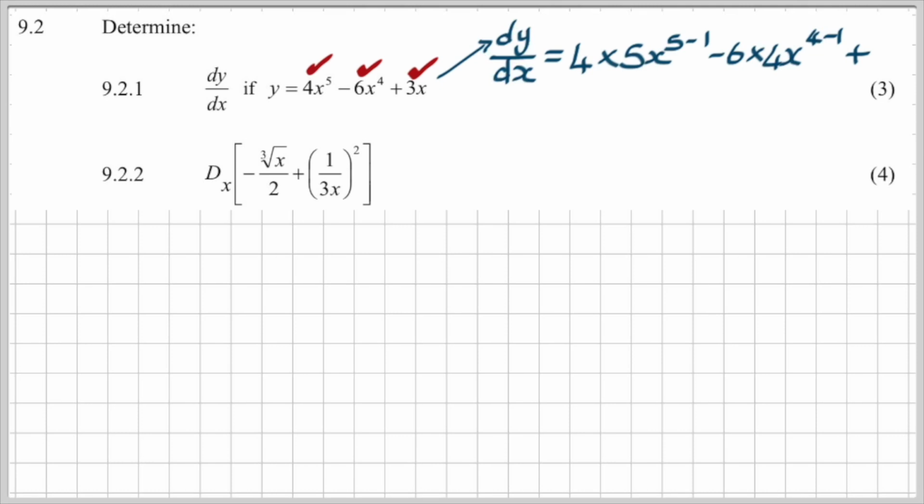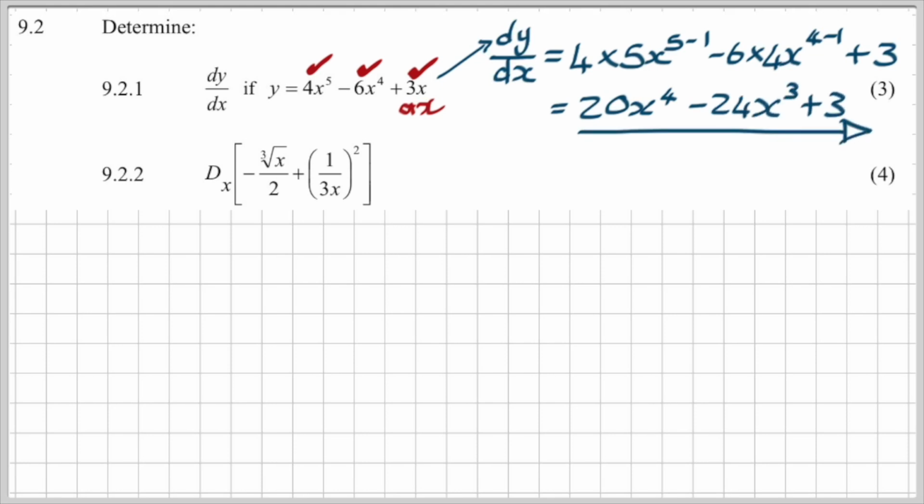And that last one is basically ax, so I'm just going to be left with 3. Just simplifying my answer, I get 20x to the 4 minus 24x to the 3 plus 3. Boom, wham, bam, thank you, ma'am. I am happy with that.